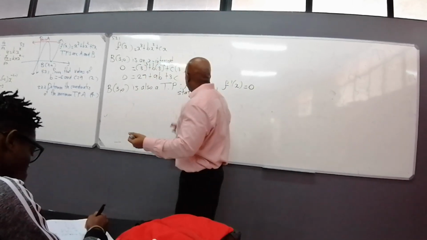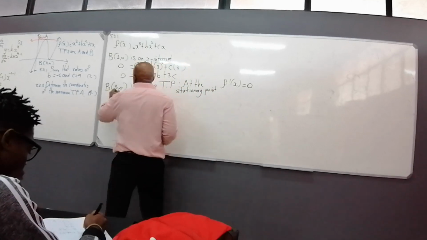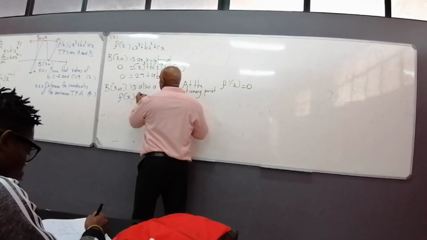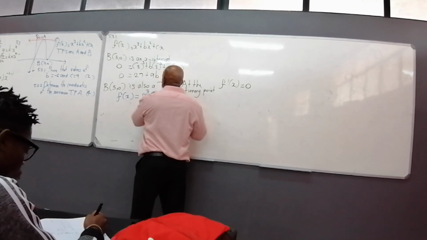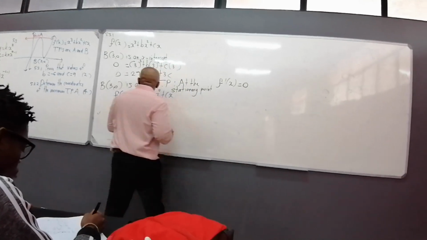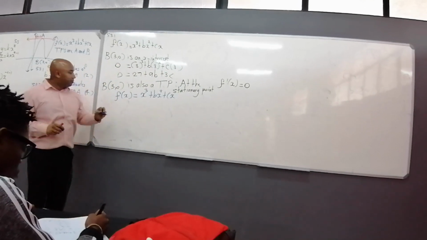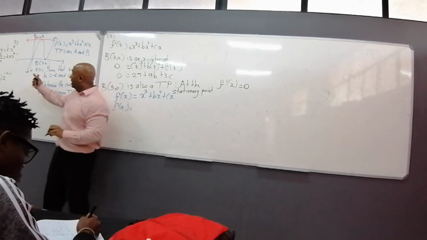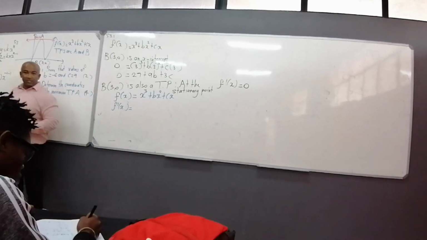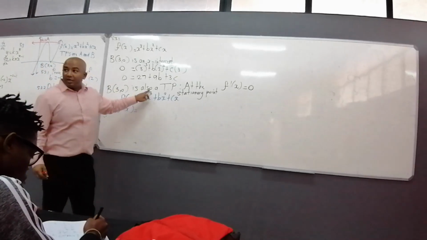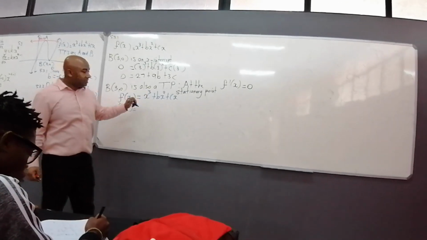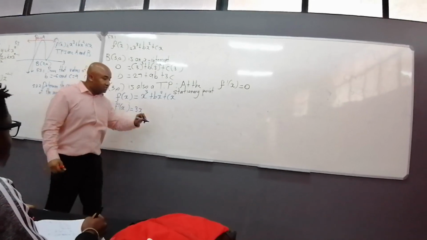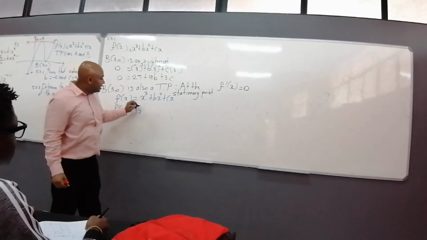So now, what is f prime x? f of x is equal to x cubed plus bx squared plus cx. Right, so f prime x, the derivative now. Again, we have to use our rule here. The derivative of x to the power 3 is what? It's going to be 1 times 3, which is 3, copy down x, 3 minus 1, that will be 2.